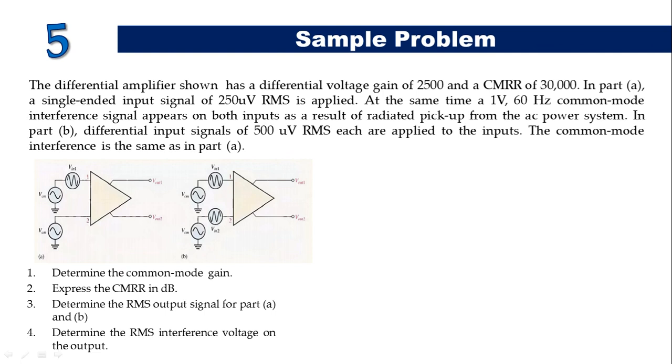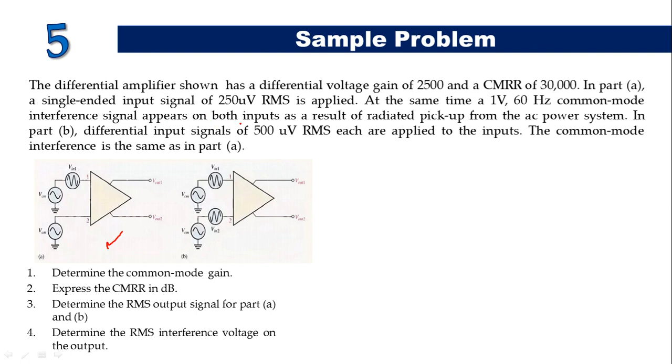Another problem, a differential amplifier shown here has a differential voltage gain of 2,500 and a CMRR of 30,000. Ito medyo mataas. So in part A, itong figure na yan, a single-ended input signal of 250 microvolts RMS is applied.